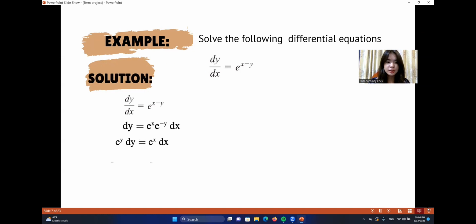For the solution, we have to divide the exponentials into the left side and the right side. This makes it easy to integrate, and we can find the solution more easily. And our solution is e^y - e^x = c.